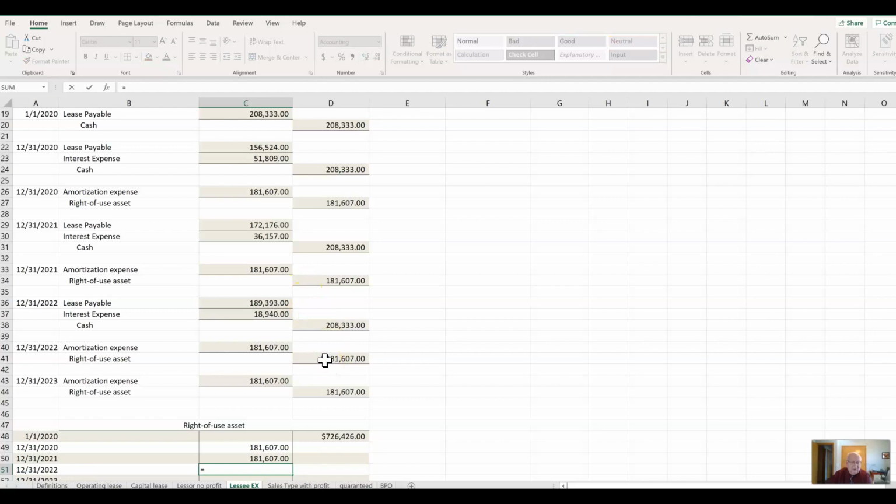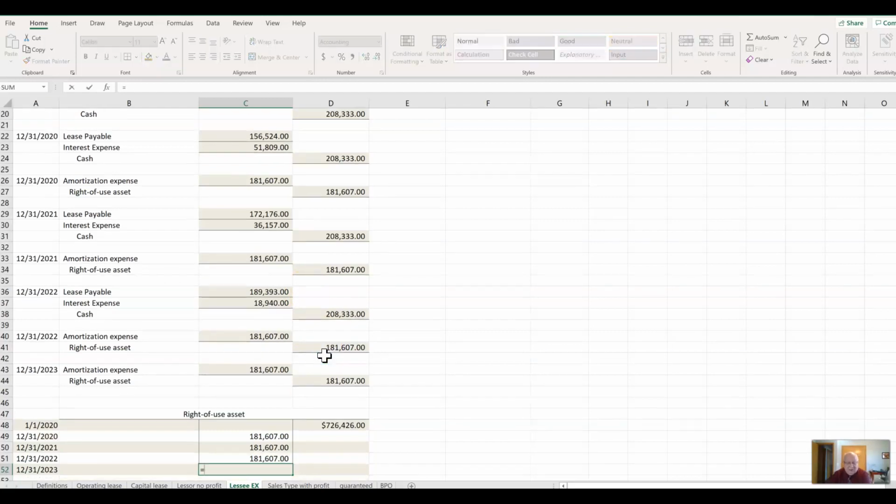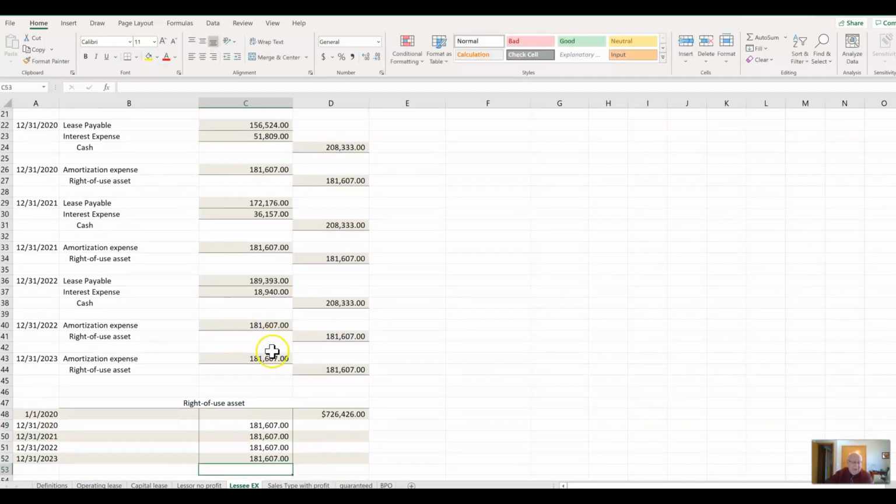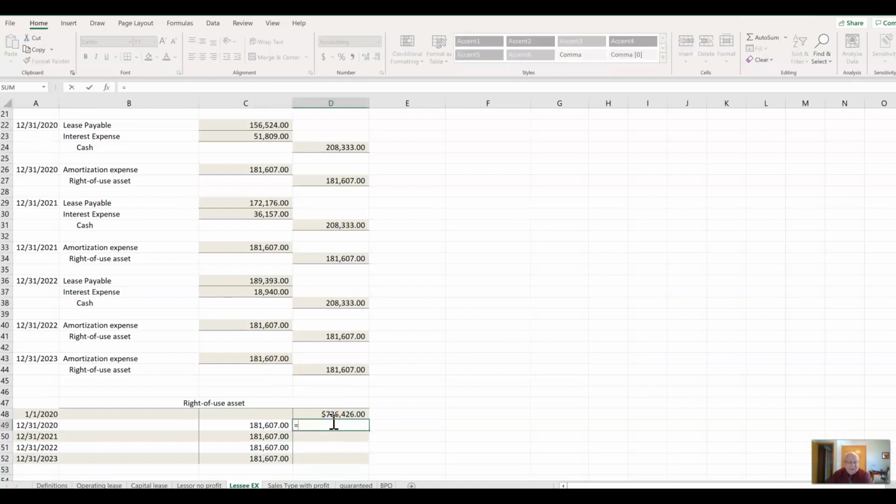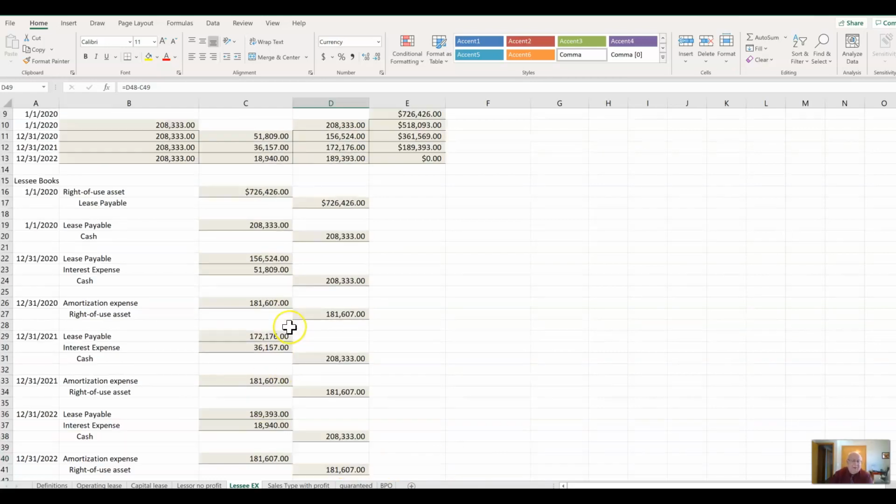On 22, 181,607. And on the last one. So then what we had is come up with our balance. We'd have this minus what we subtracted off. And if we copy it down, you notice the last year we have a $2 balance, and that's because of rounding. So there again, we don't worry too much about it.